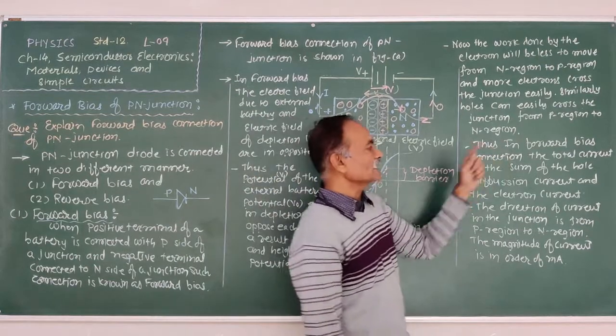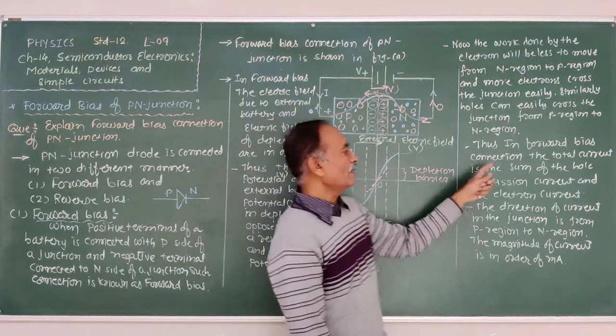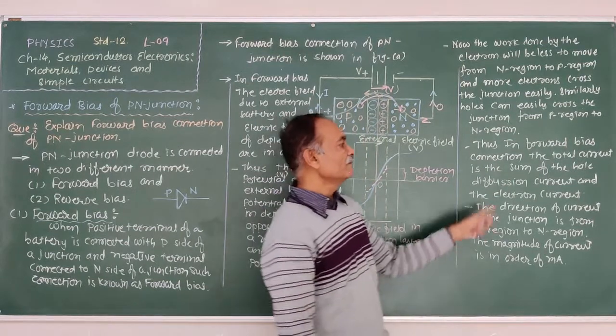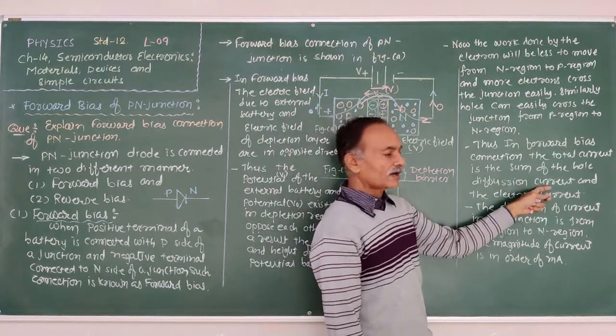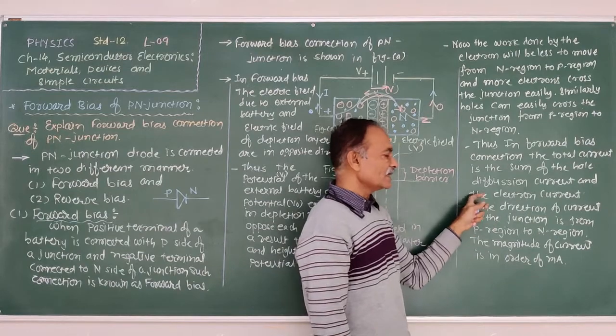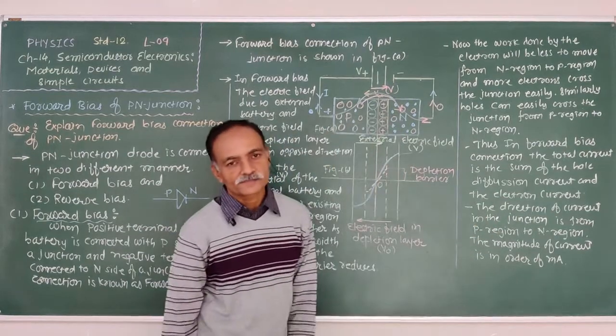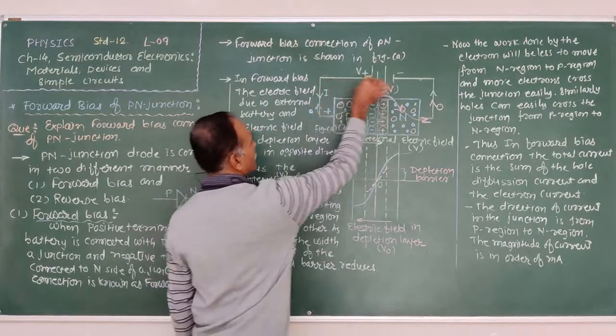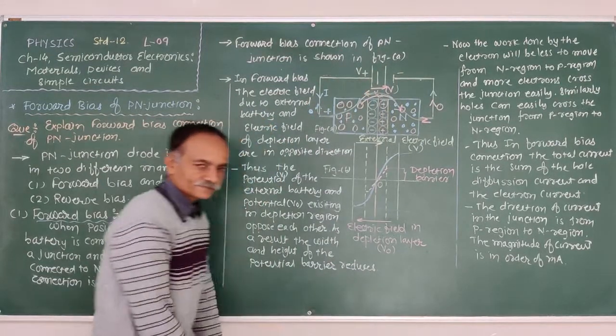Thus, in forward bias connection, the total current is the sum of the hole diffusion current and the electron current. The holes are moving in this direction, the electrons in the opposite direction.